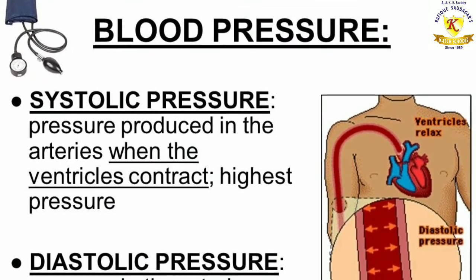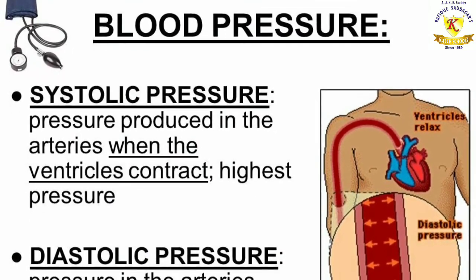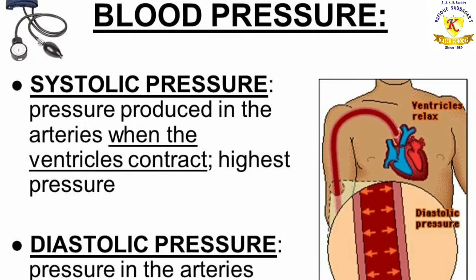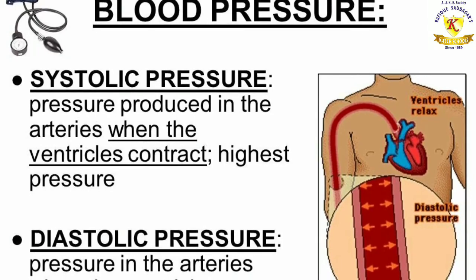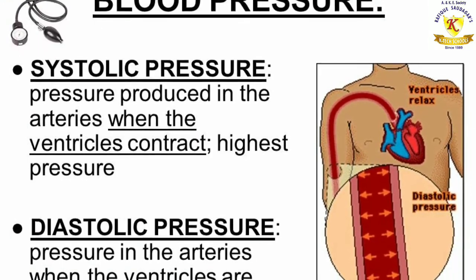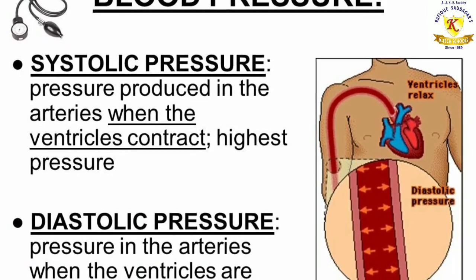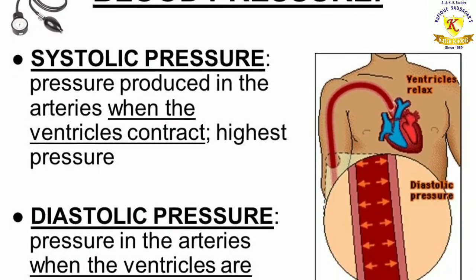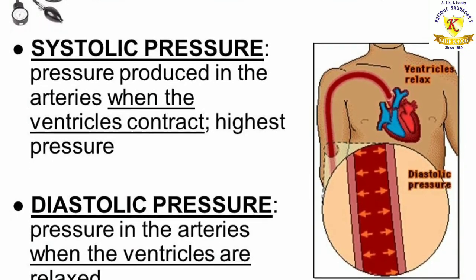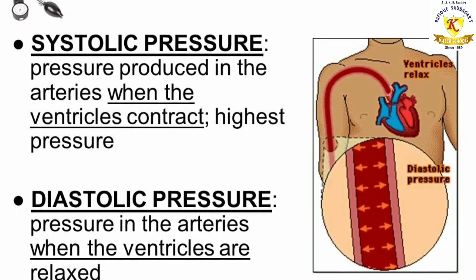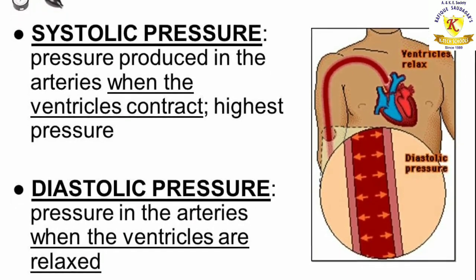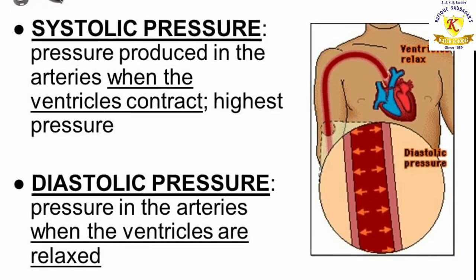Systolic pressure is the pressure produced in the arteries when the ventricles contract, and it is the highest pressure. Diastolic pressure is the pressure in the arteries when the ventricles are relaxed, so it is at the lowest value.